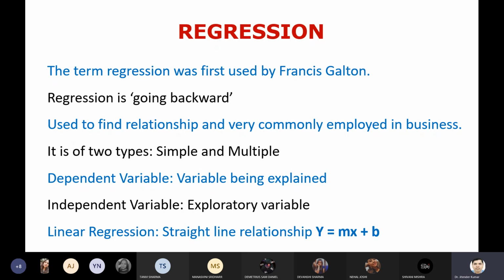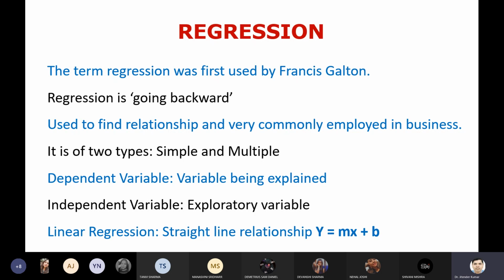You try to explain weight based on different independent variables. If you are using more than one independent variable, that is called multiple regression.